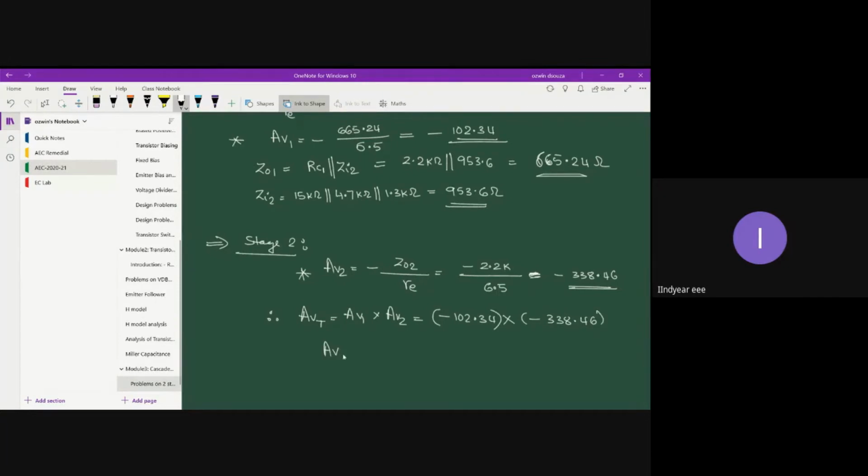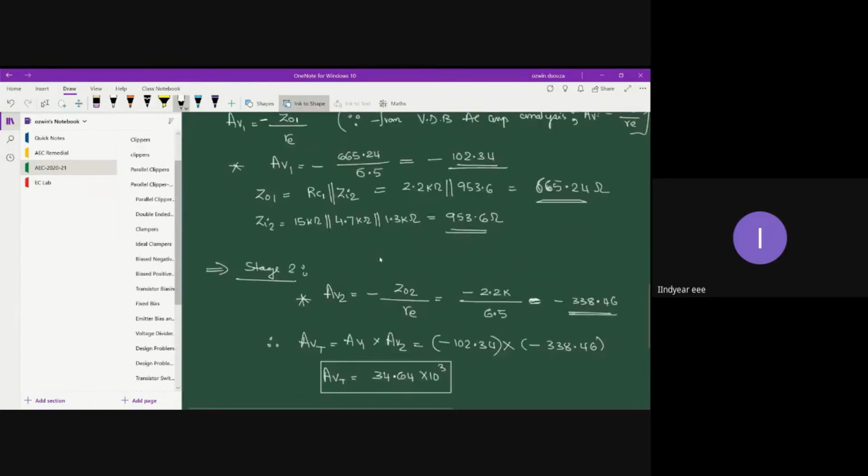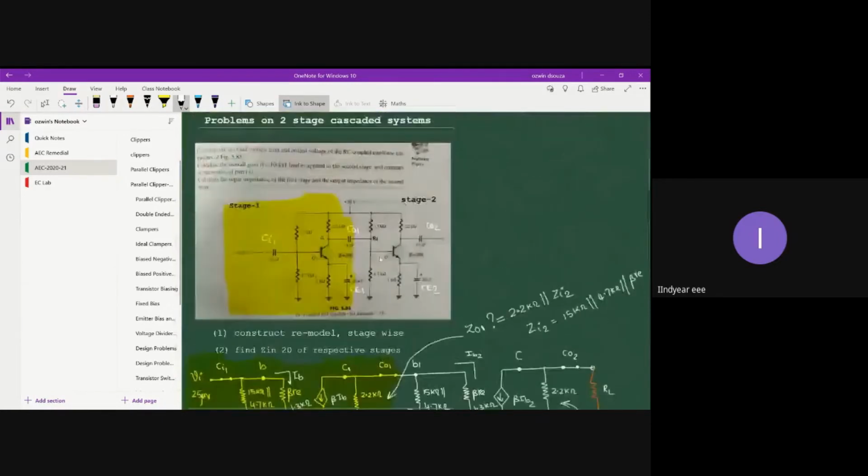So for a 2-stage common emitter amplifier, the voltage gain becomes positive because the product of two negative values is positive. So that will give you a voltage gain of 34.64 times 10 to the power 3. So that is the first part.